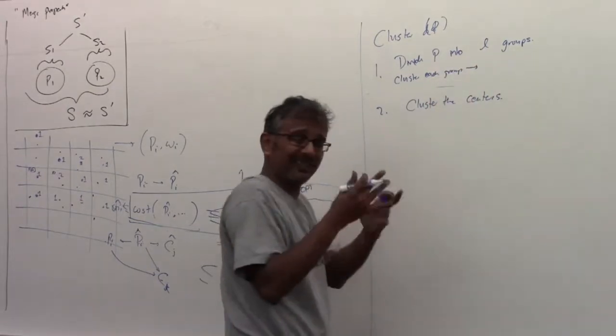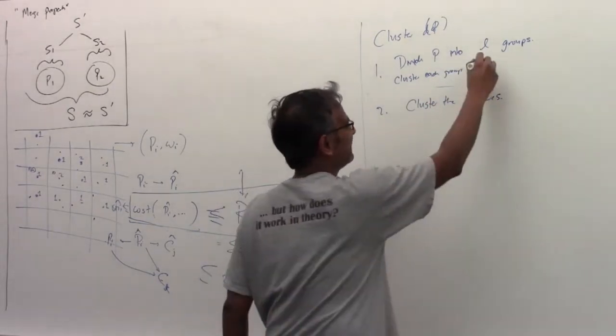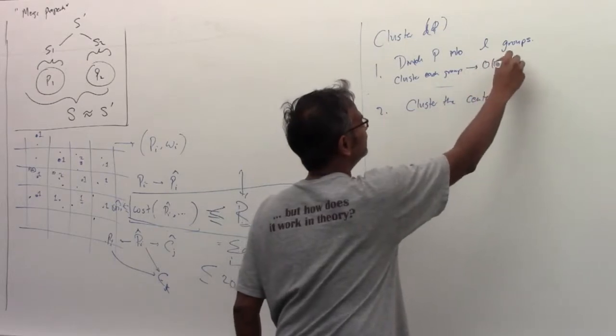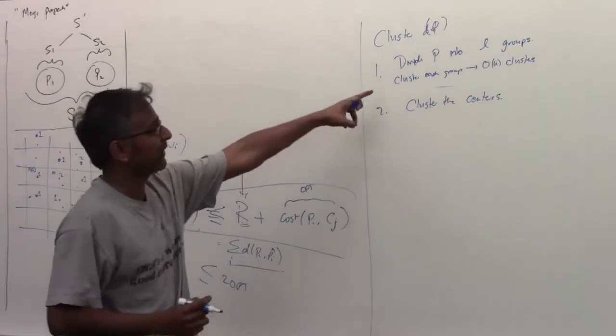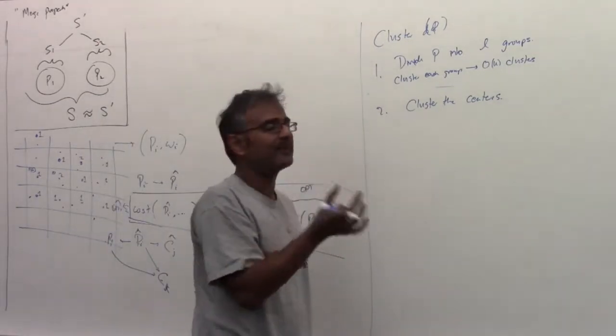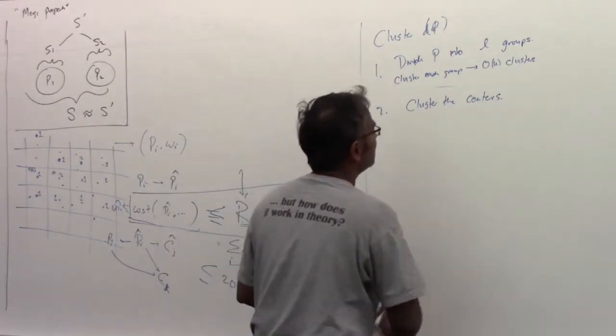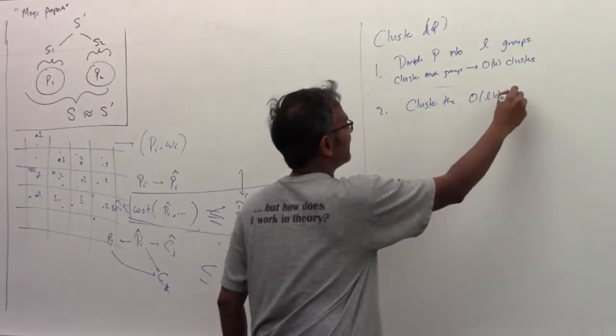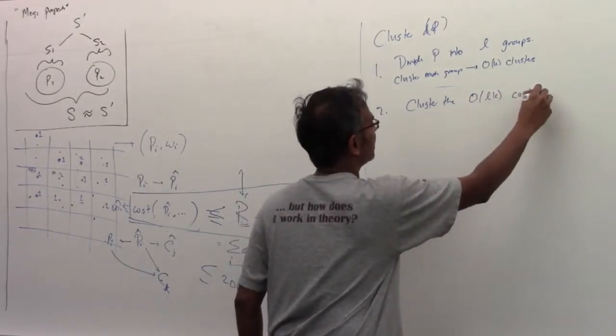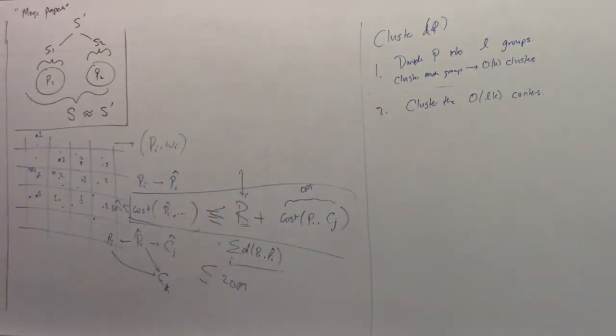I get something like K clusters, but I don't really care. So let's say I have O of K clusters. So if I do that for each group, I'll have something like O of L times K centers here. So I'm going to cluster the O of L times K centers.